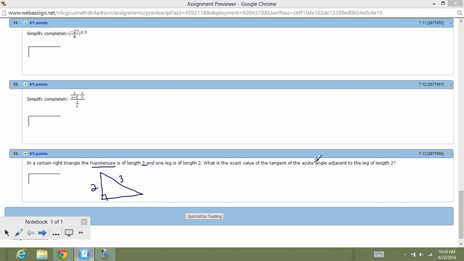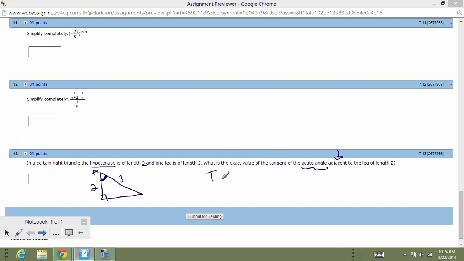Okay. What is the exact value of the tangent of the acute angle adjacent to the leg of length 2? Adjacent, that means touching, right, next to the leg of length 2? So this angle right in here, I'll label it A, that's what they want the tangent of.